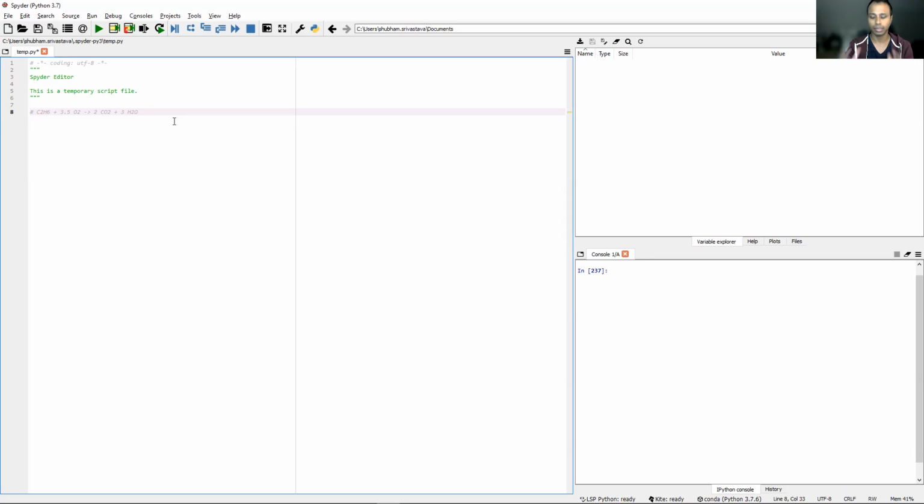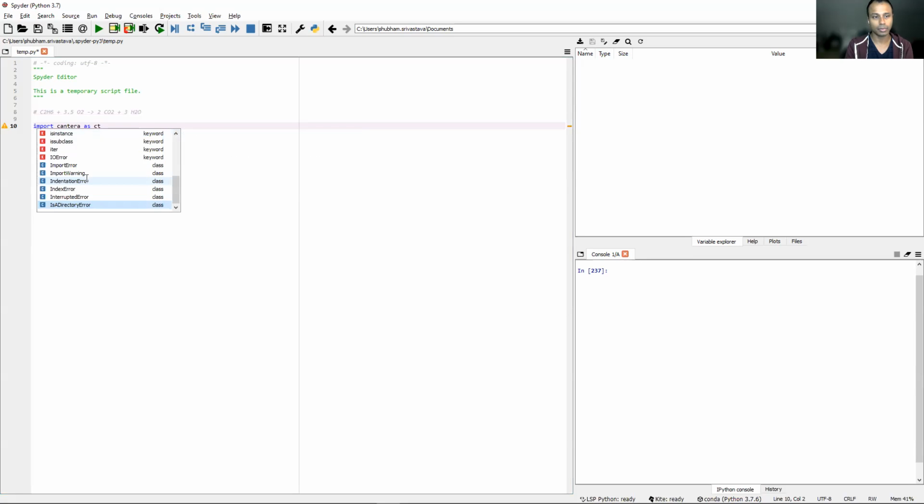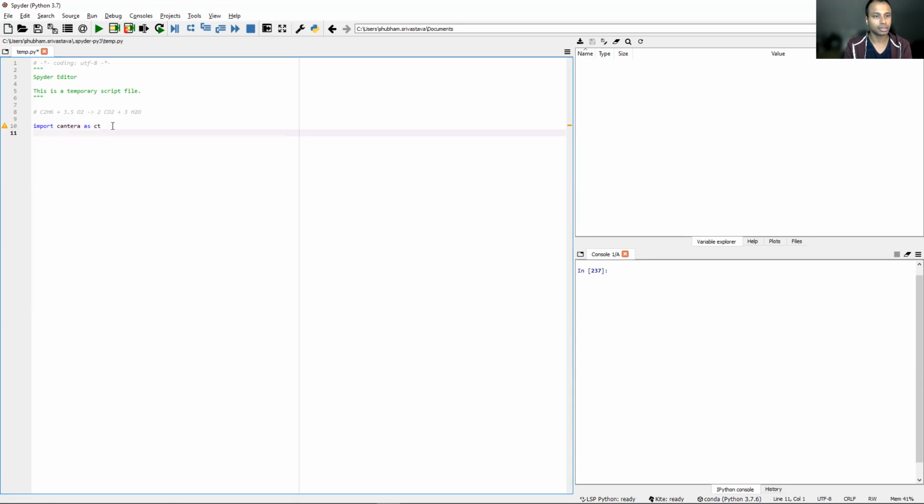Now, what we will do is first we will set the reactants and find the enthalpy of reactants. So let's first import Cantera. Import cantera as ct. Oh, here I've used a capital I, it should be small. Import cantera as ct.